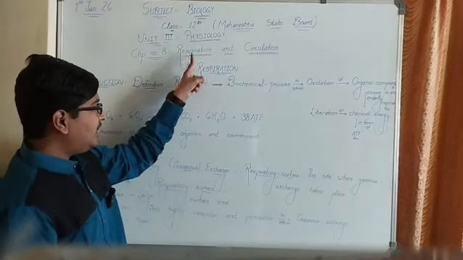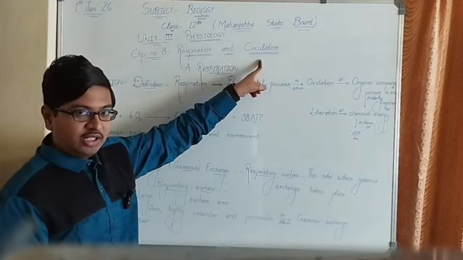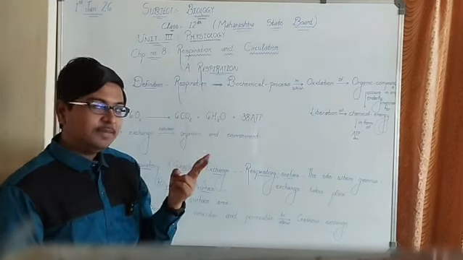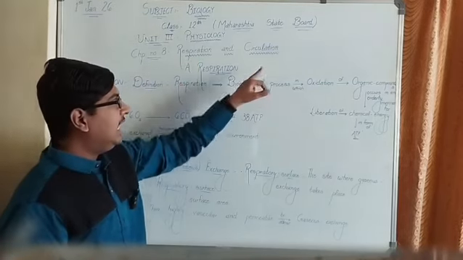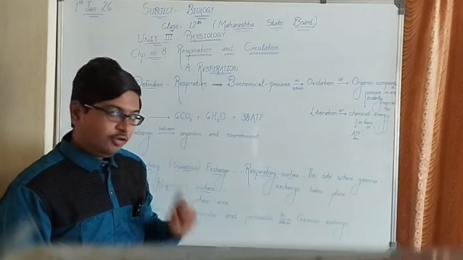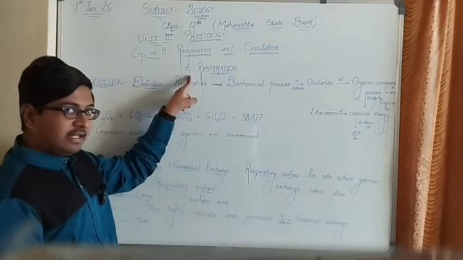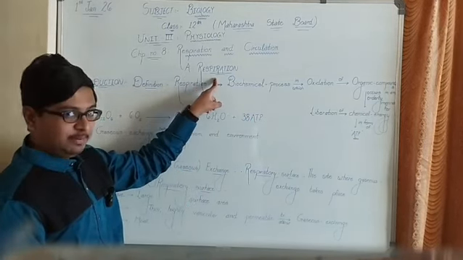First being respiration and the second being circulation. And likewise, two systems. First being respiratory system and secondly the circulatory system. So for now, we'll start with the first process, which is respiration.